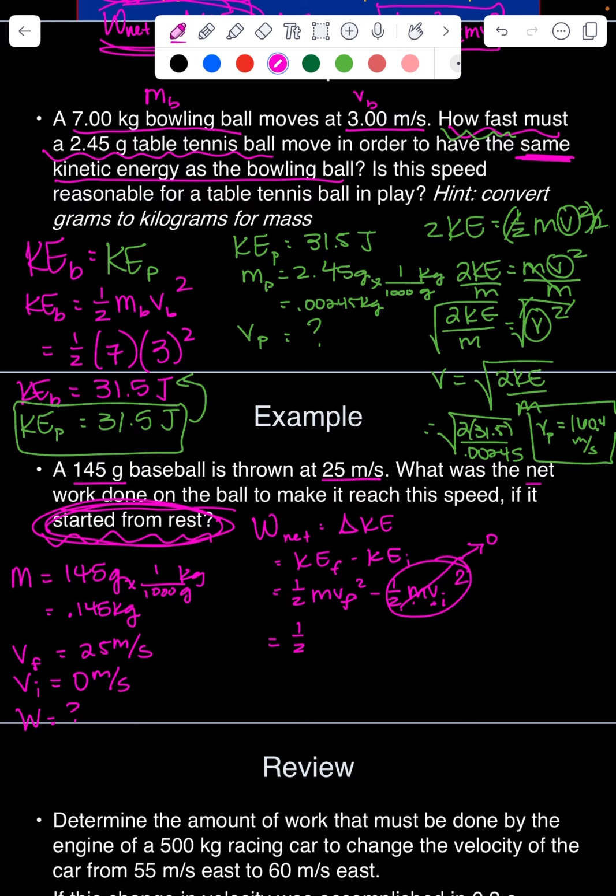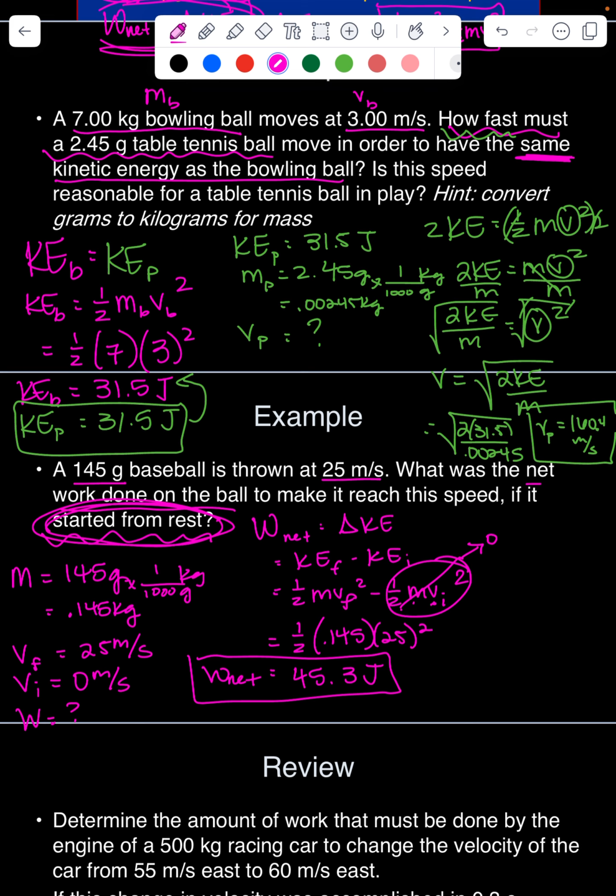That's going to be 1/2 of our mass, which is 0.145, times our final velocity, which is 25 squared. So the net work done on this ball to make it speed up from 0 to 25 is going to be 45.3 joules. All right, so that's all I asked you to find.